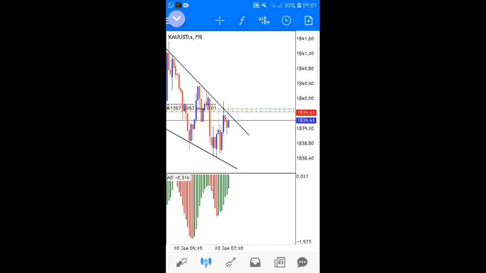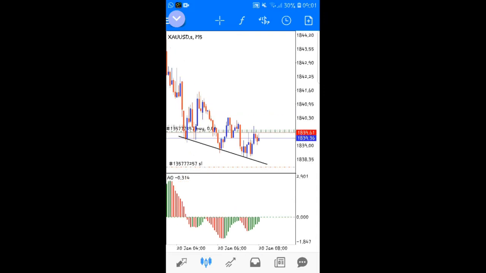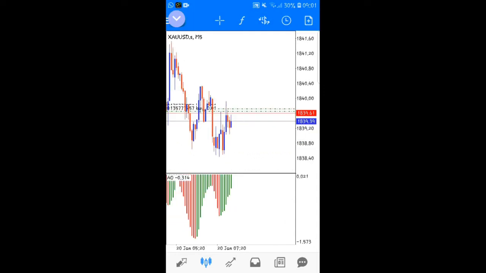Now let me show you something here. You can see currently the market is moving from high to low, but the awesome oscillator is moving from low to high, so it's like the opposite.